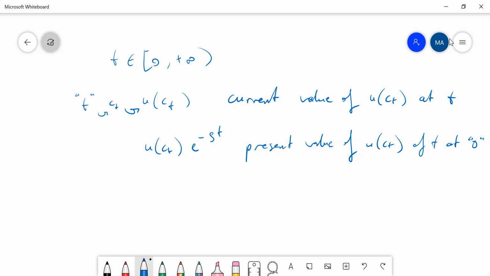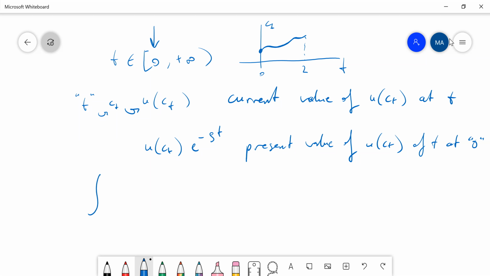So I'm interested, of course, in the present value of stuff. Why? Because I'm taking my decision here in the present. I'm going to describe my problem of finding a dynamic path, but I'm going to solve this problem today, and then I'm going to execute the plan. All right?